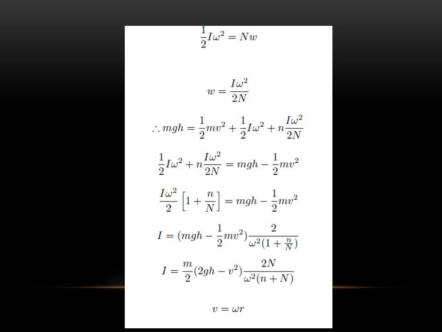Just substitute in the previous expression I omega square by 2N in place of w. Then take the half I omega square to the left side.